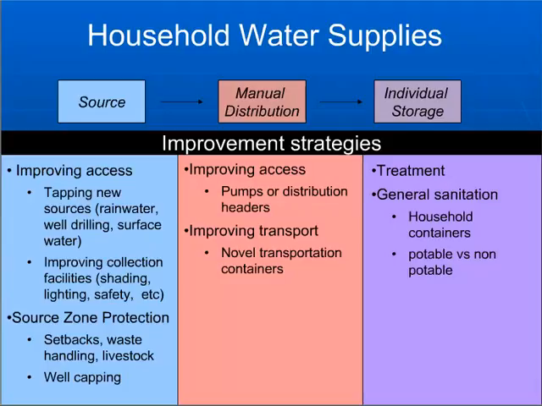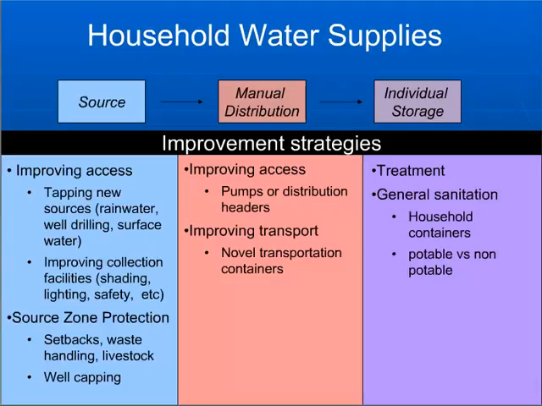On the distribution side, there are a number of things that can be done in the area of wells, so improving the pumps that are being used, providing better facilities for people to collect the water. And then on the transport side, there's some interesting transportation containers. I'll show those slides in a second.